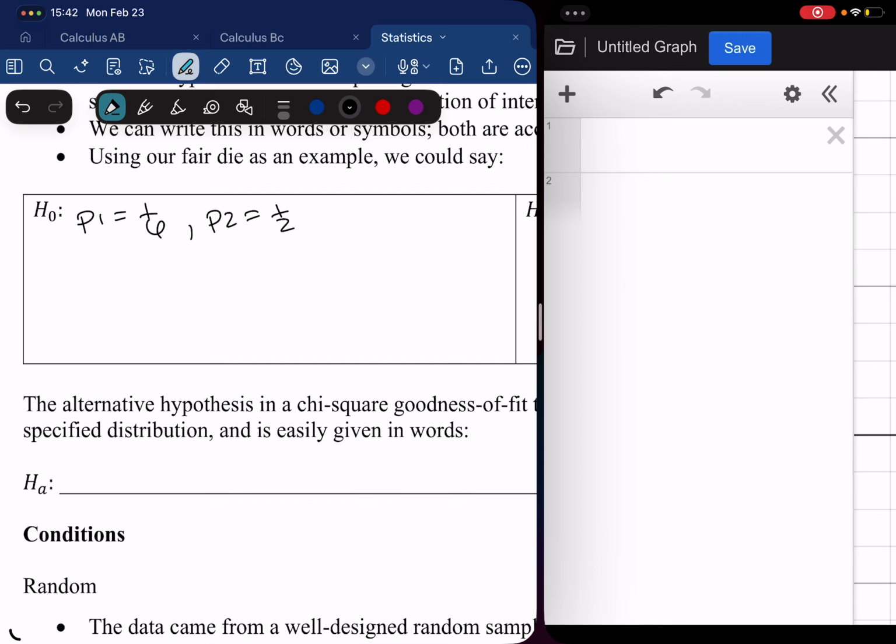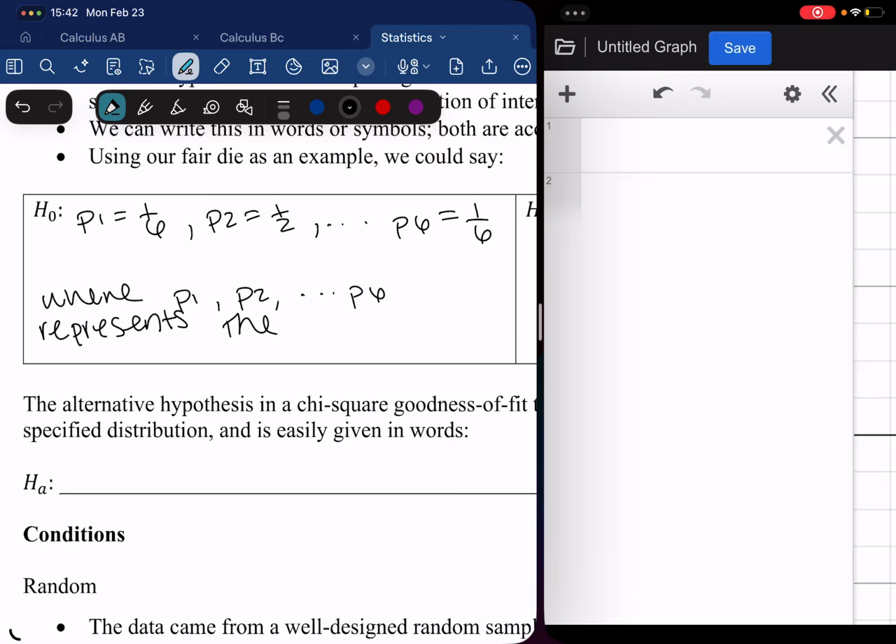We find the expected counts, assuming the claimed distribution is true, and then we calculate the chi-square statistic. Okay, so that's chi-squared is equal to the summation of observed minus expected squared, all divided by expected. And then we would find the p-value, but I'm going to have you guys just cross this out.